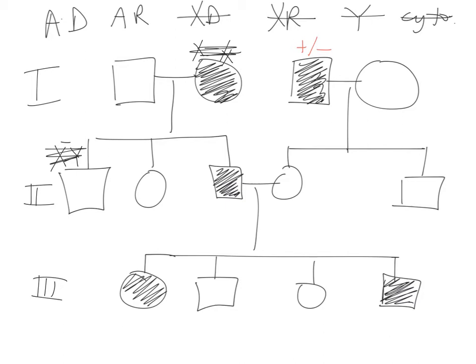Well, if this is dominant, dad could be a heterozygote, in which case he'd pass the mutation on to what fraction of his kids? Half, which is exactly what we see. So is it dominant or is it recessive? Or at this point, are you willing to say it could be both and move on to the next question?